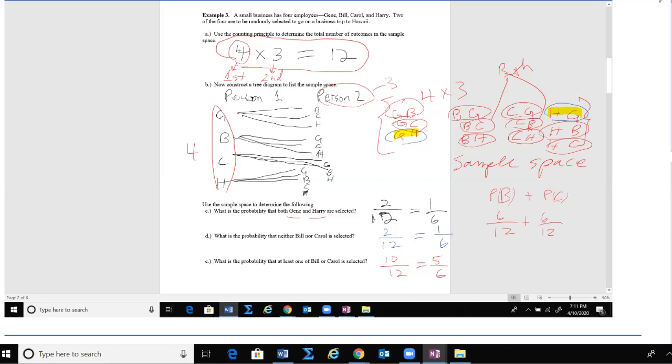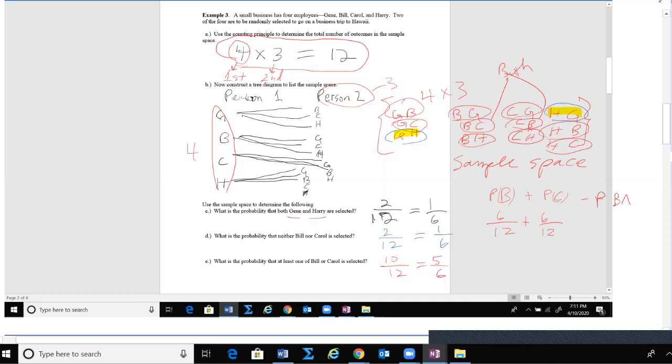So the point is, why do we need to subtract that Bill and Carol? We've got to subtract that. I'll just put an A here for "and": Bill and Carol. That happened here, and it happened here.